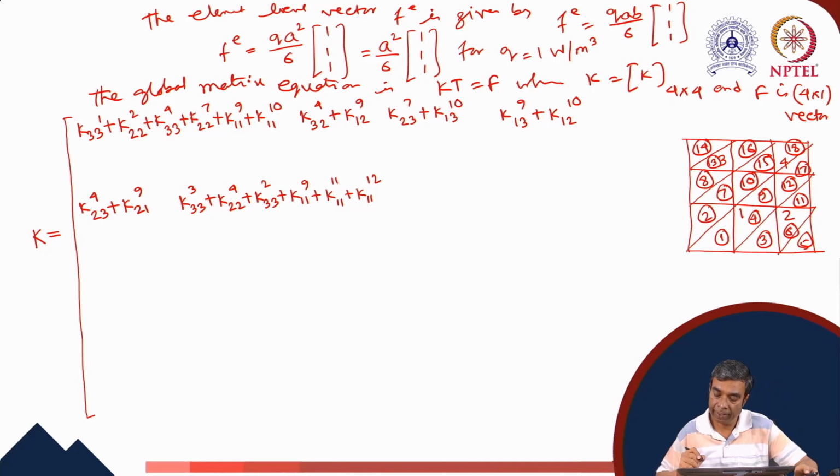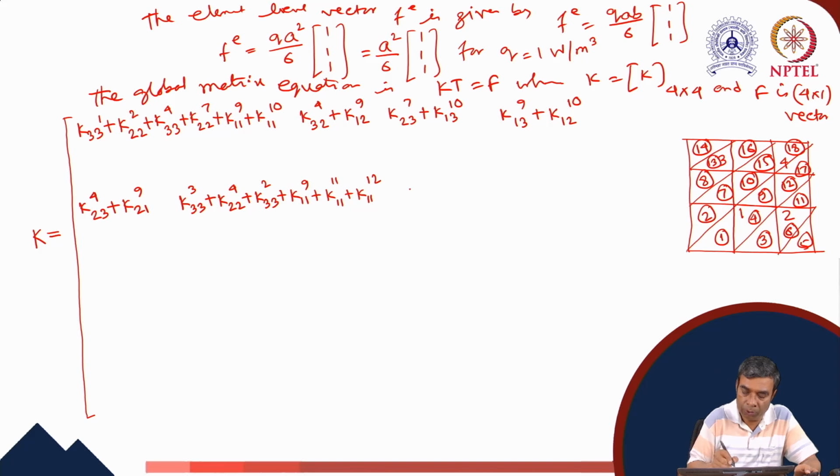Next we have K23 term. Now global equation numbers 2 and 3 do not belong to the same element, and because of that K23 must be equal to 0. Then for the second row we have the last term as K24.